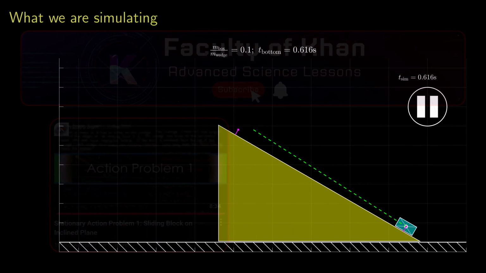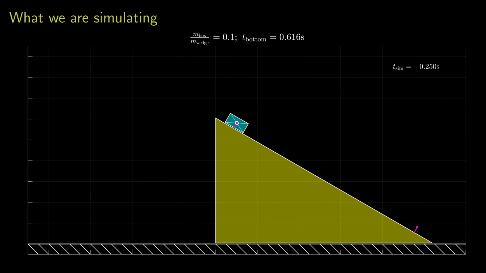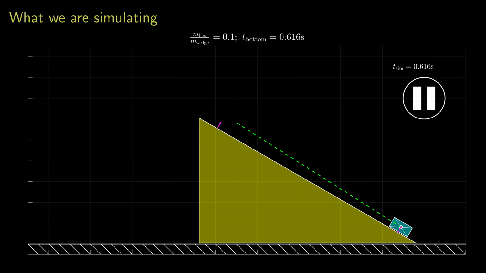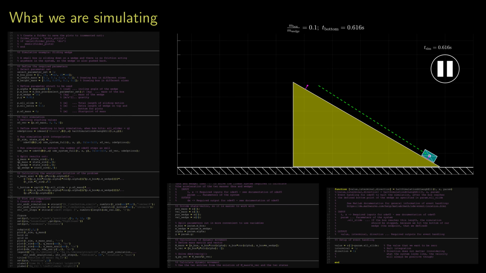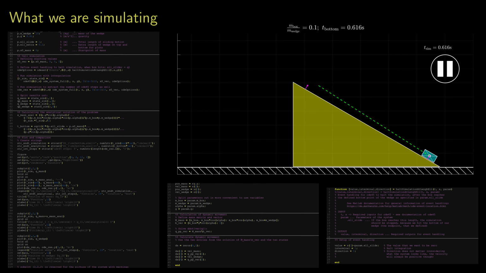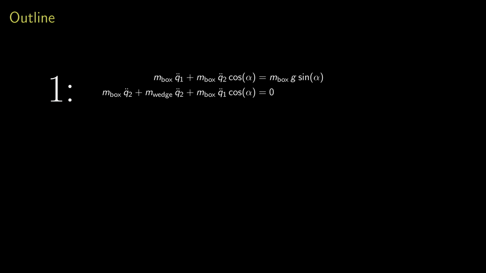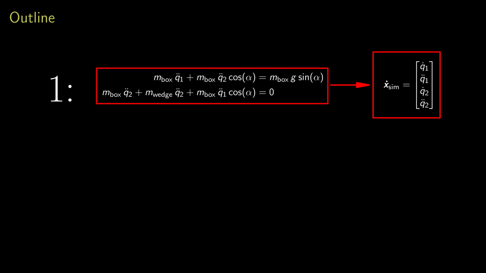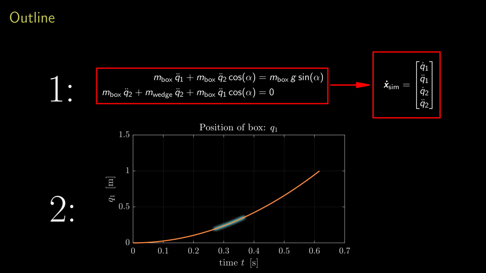As the box slides down, it pushes the wedge back, leading to a change of acceleration in the block and so on. I figured this would make for an interesting video where we use numerical simulation instead, and then we can analyze two things. First, how to reformulate the connected system equations of this example, and second, we can compare our numerical simulation results with the exact solution of the problem to see how big the error of the numerical simulation actually is.